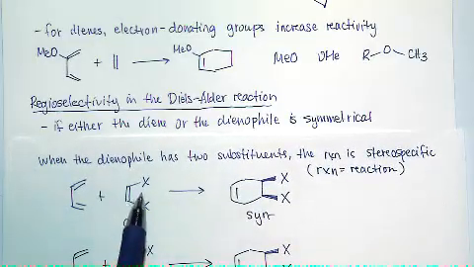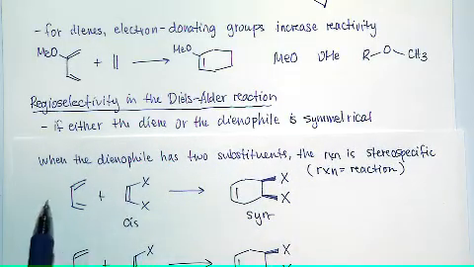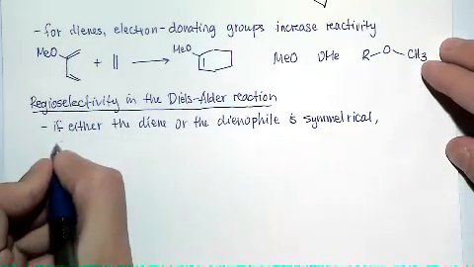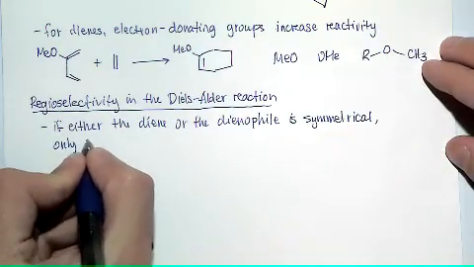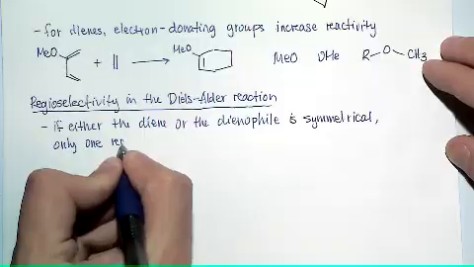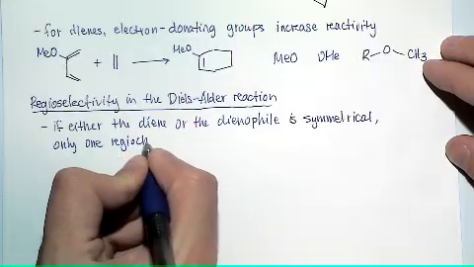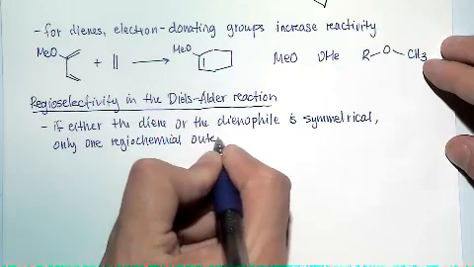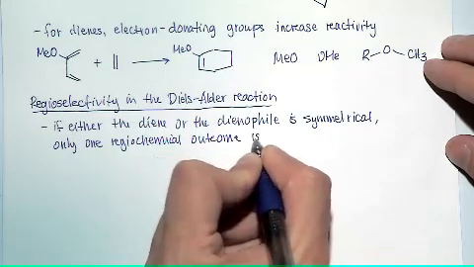So in this case, they both have a line of symmetry going through them. If that's the case, only one regiochemical outcome is possible.